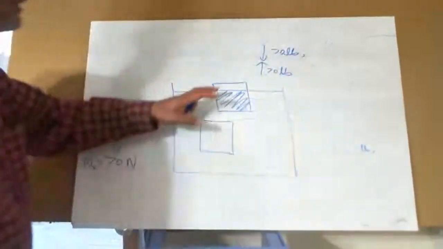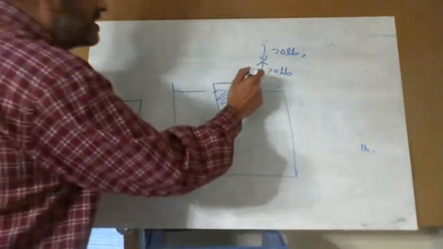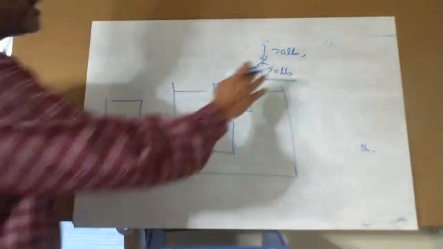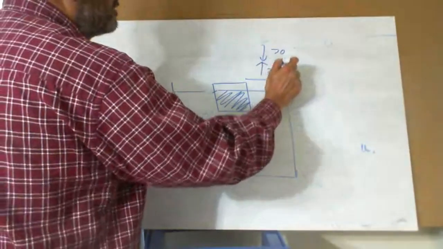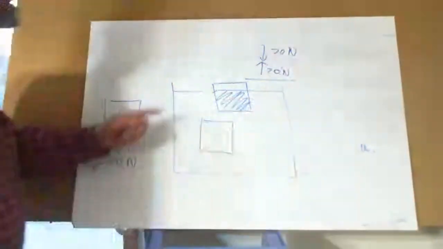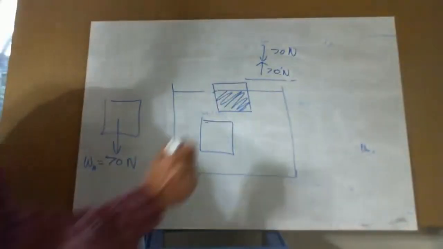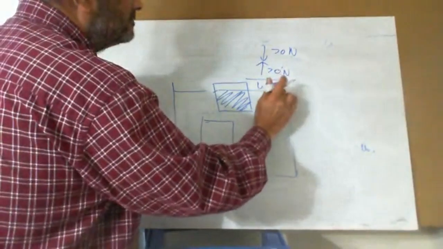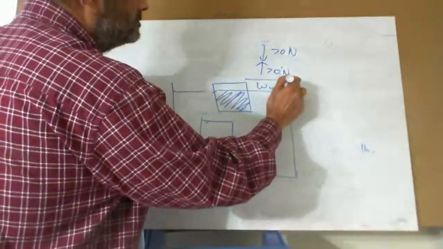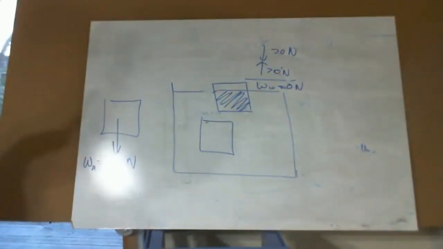And therefore, what's the net force? By the way, this is newtons. I mistakenly called it pounds, okay? So what is the net force? What is the weight in water? Anyone? It should be 0, right?